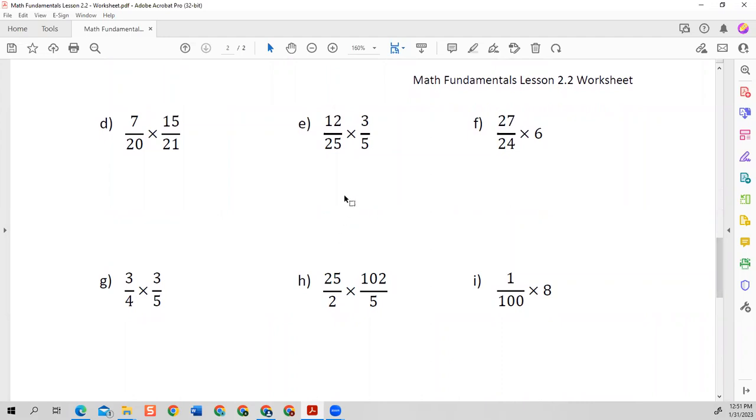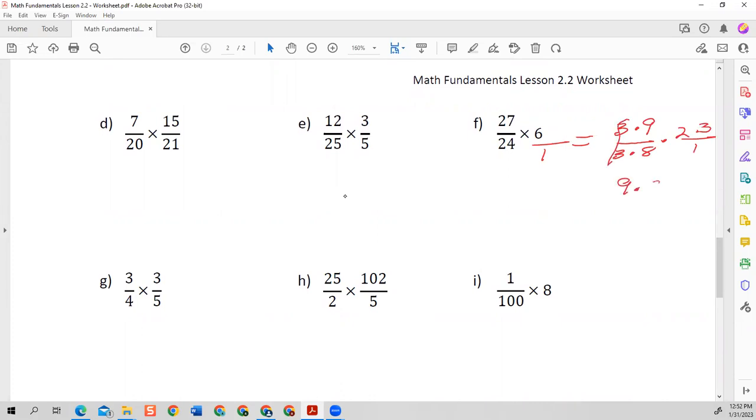Let's jump to F. Well, I notice I have a fraction times the whole number. I'm going to put a 1 underneath the whole number. And let's rewrite everything. 27 is 3 times 9. 24 is 3 times 8. All times 6 over 1. 6 is 2 times 3. All right, my 3's here reduce.